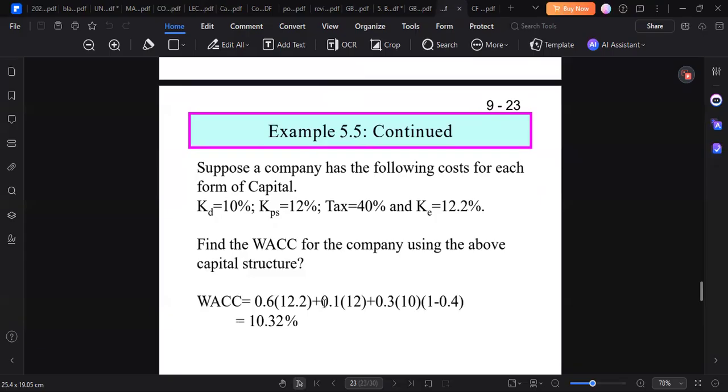Then go to the weight of preferred stock, which was 10%, which is 0.1 times 12%. The weight of debt was 30% times the 10% cost of debt, times 1 minus the tax shield, which is 40%. So the overall of what we get becomes 10.32.